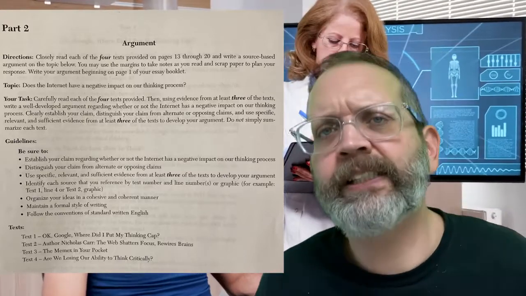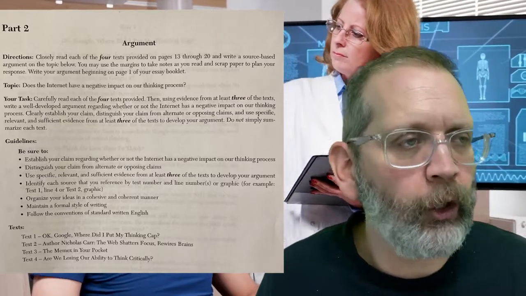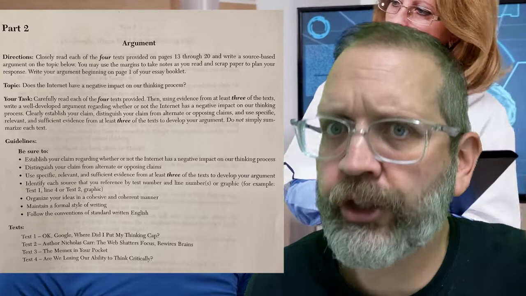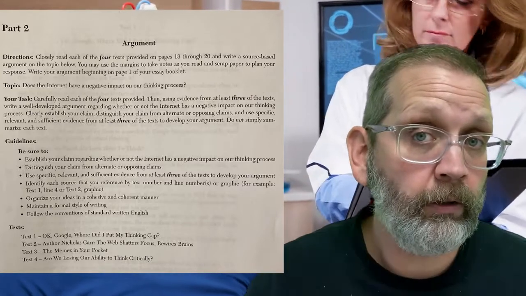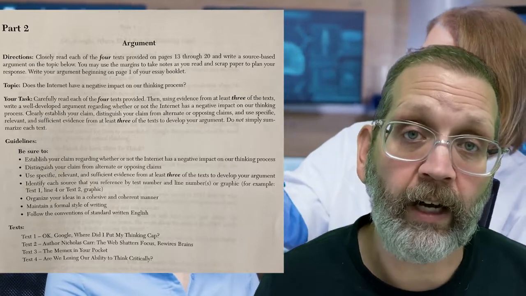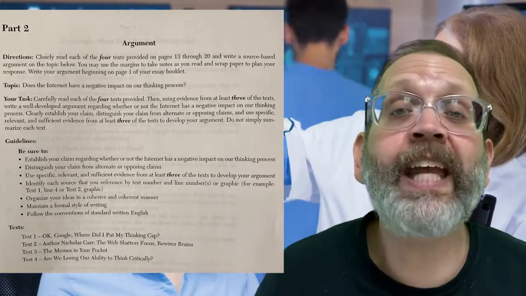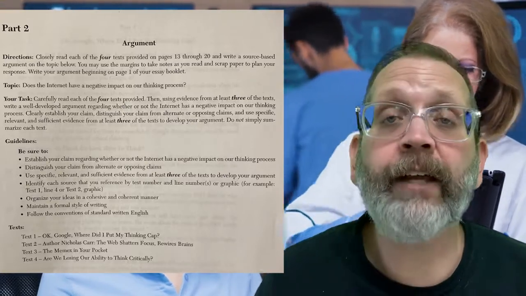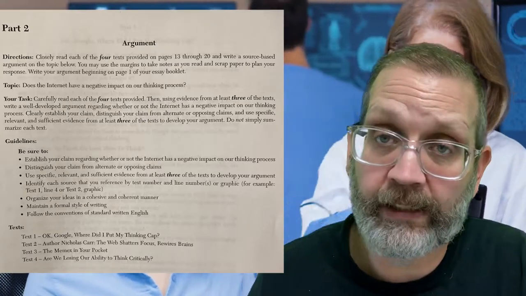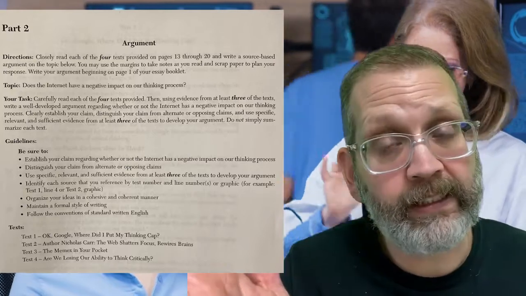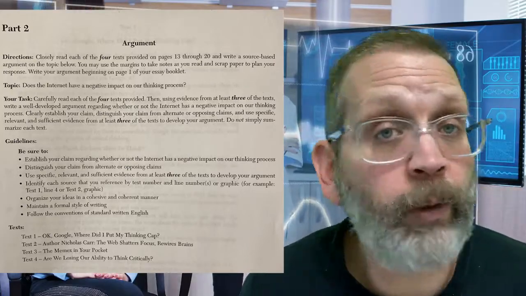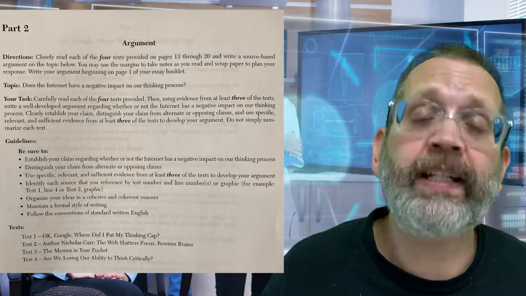Your job in this essay is to show that, yup, the internet is making us stupid, or the internet is not negatively impacting our thinking process. What you cannot do is give a fair and balanced, well, here's what the one side says, and here's what the other side says. You go ahead and make up your mind. That's not what we want. Nope, we want you to pick a side.